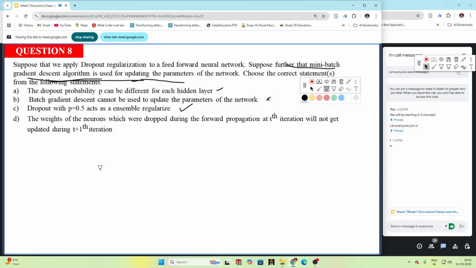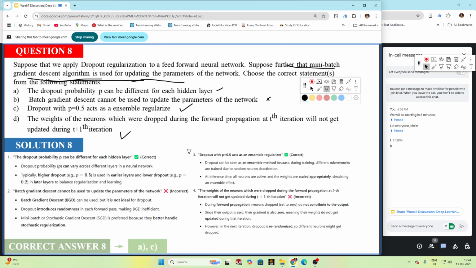But the thing is, D can also be right, because whenever we are using dropout we are seeing different types of thin networks. So in one network it can be possible that the weights are dropped, in another network it can be possible that the weights are not dropped. So I think D should also be correct. So for me it is A, C and D. Okay, D is not correct.